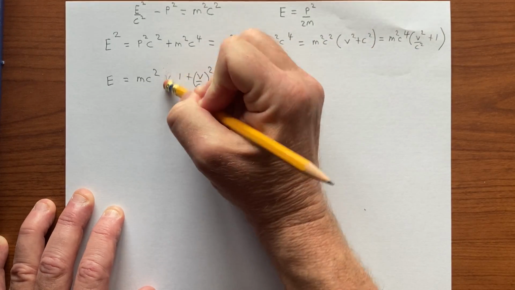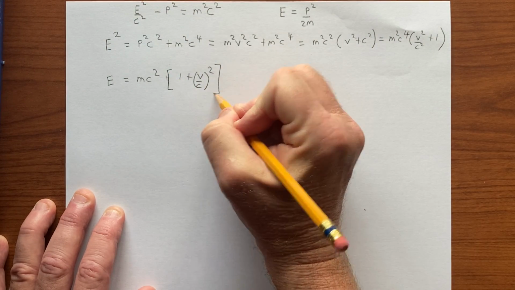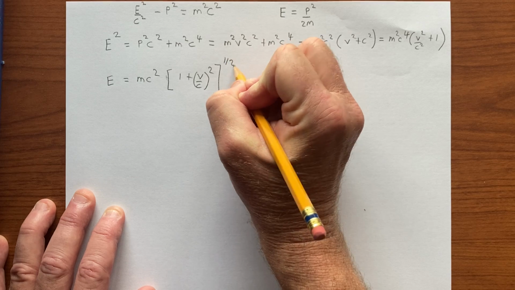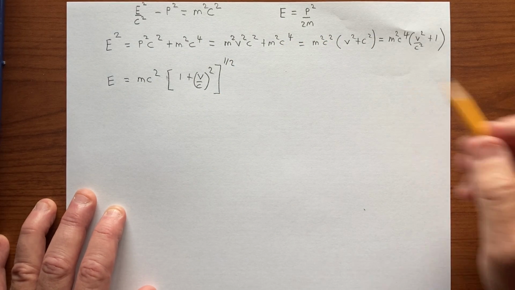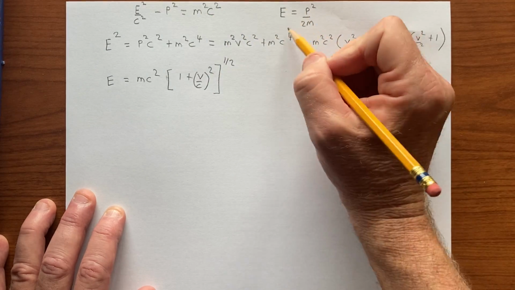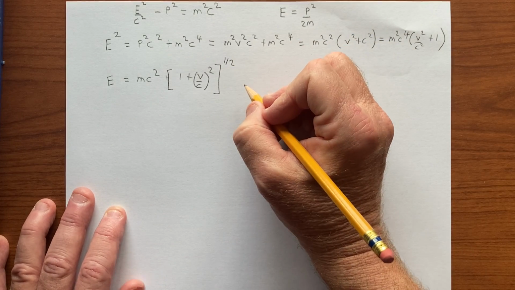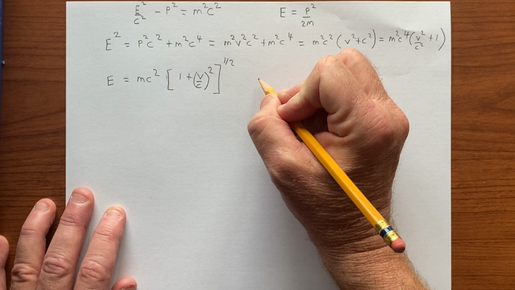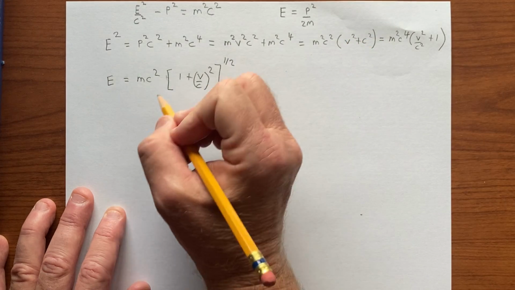Well, square brackets to the 1/2. And right, the low velocity limit, we know this is the non-relativistic, so it's going to be a low velocity limit. Well, we'll show that, plus some further action, but let's Taylor expand.